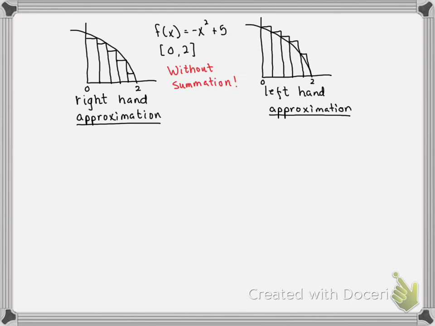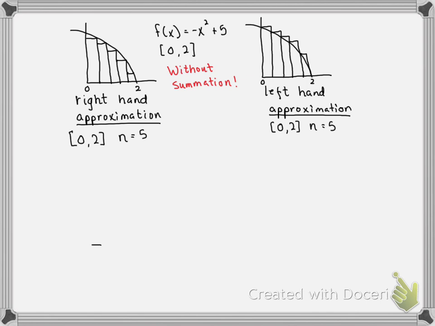If we look, our bounds are from 0 to 2, and the number of rectangles we have under the curve is 5. It's the exact same graph, but one is a lower sum and the other one is an upper sum.